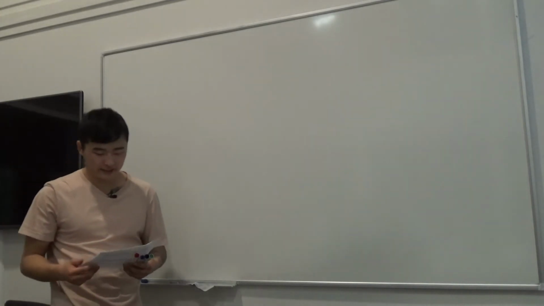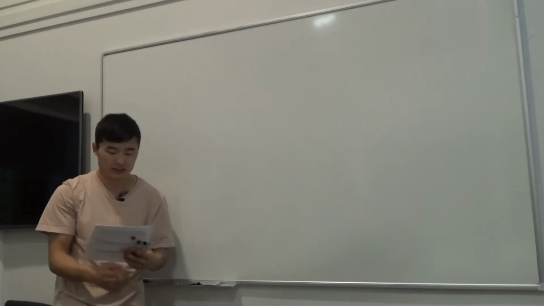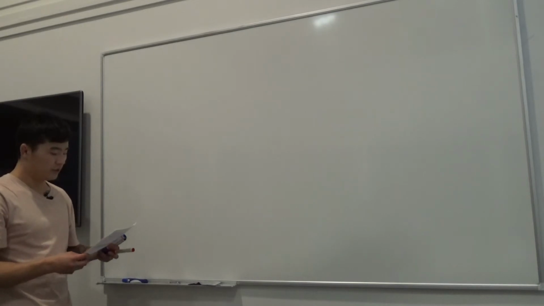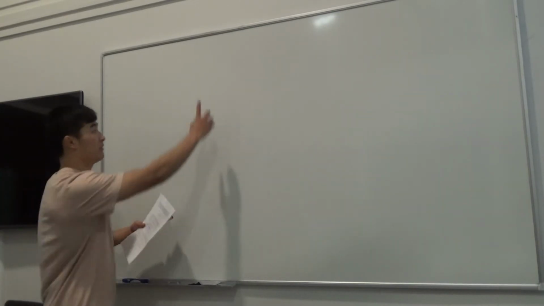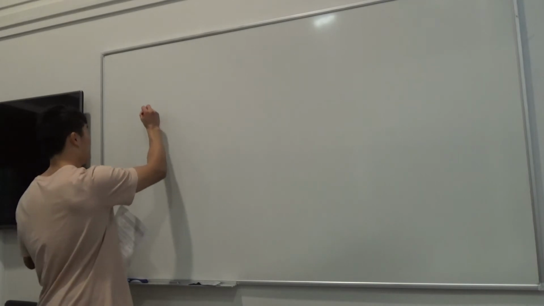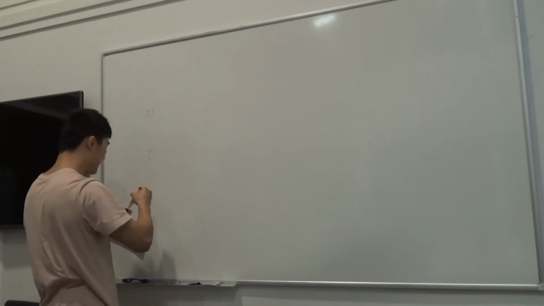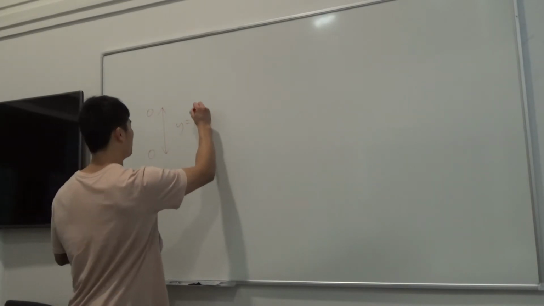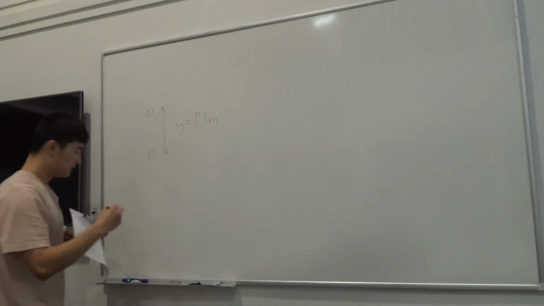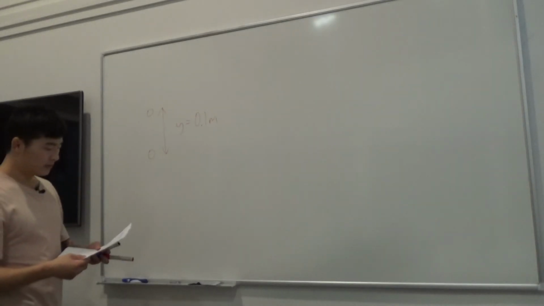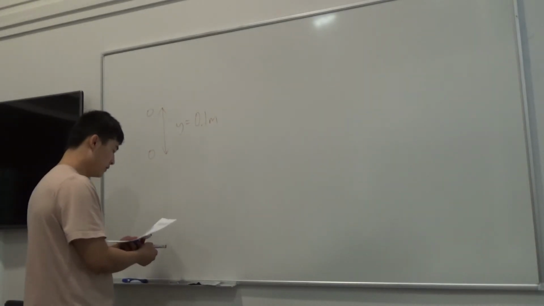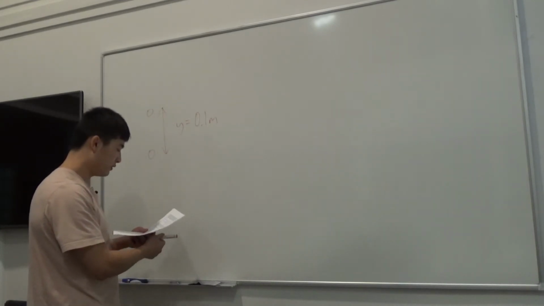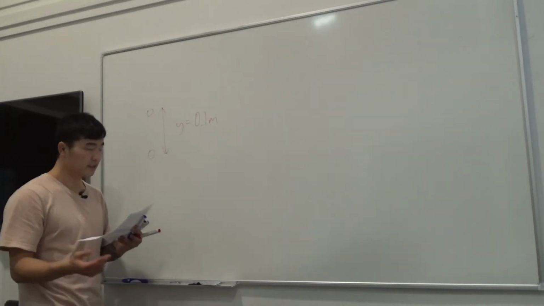So number 11, a student attaches 2 small bright lights, which are 10 centimeters apart, to the bottom of a helium-filled balloon. So really this should be going vertical, but normally I just draw it like this. So here's the lights, and they are 10 centimeters apart, so y is equal to 0.1 meters. It's traveling vertically upwards, away from you, and you want to find the highest altitude at which you could still resolve the lights.